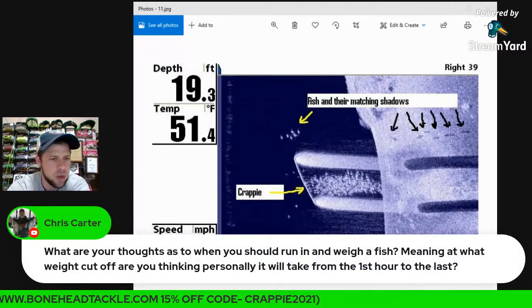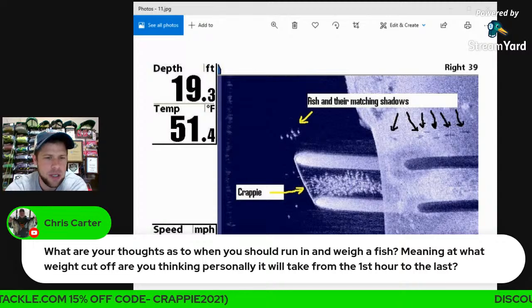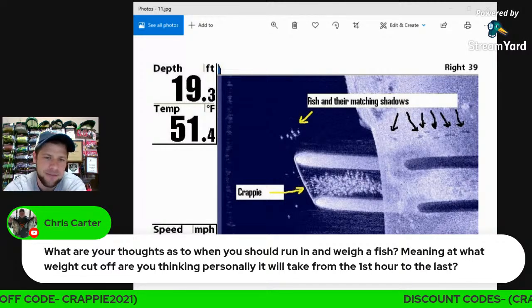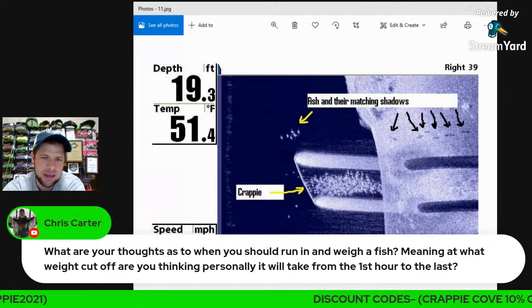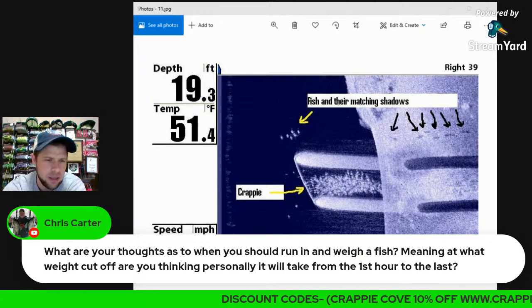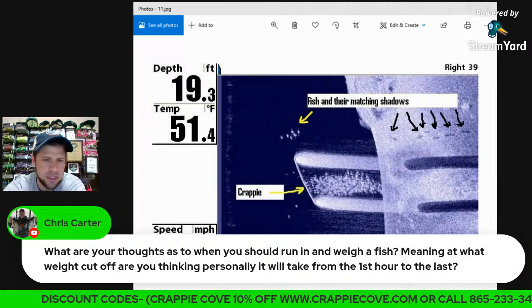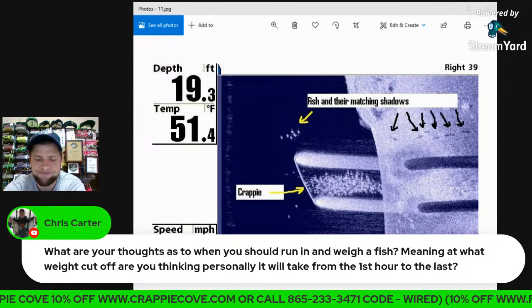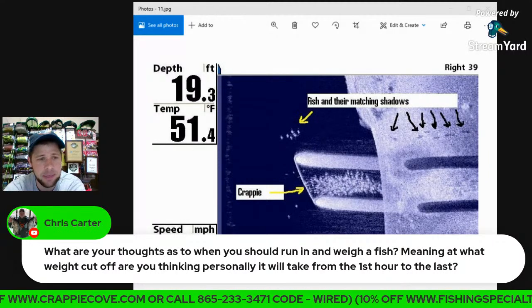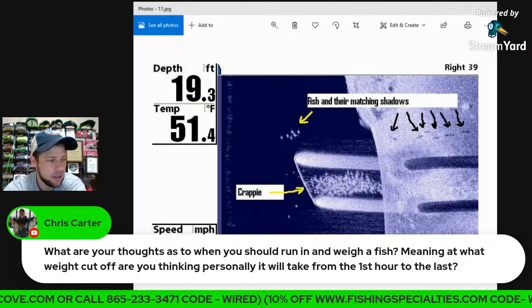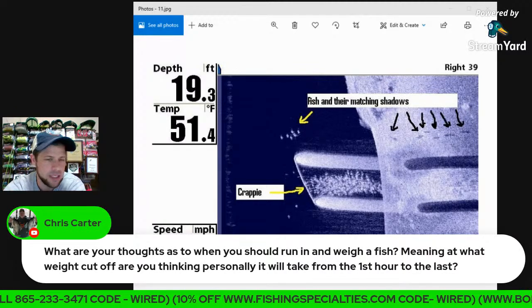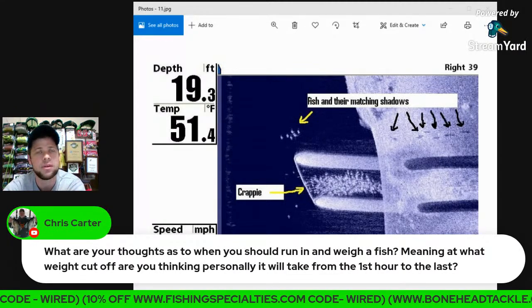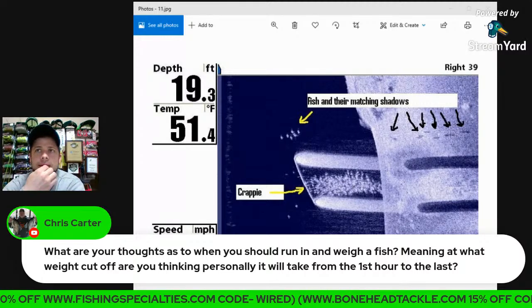Chris Carter says, what are your thoughts as to when you should run in and weigh a fish? Meaning, at what weight cutoff are you thinking personally it will take from the first hour to the last? Good question, Chris. It's hard to say, buddy, because your slate's going to get wiped clean every hour of the tournament.